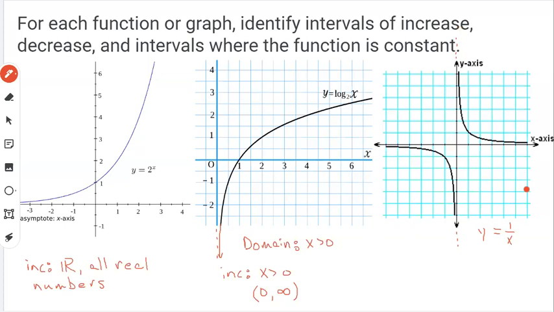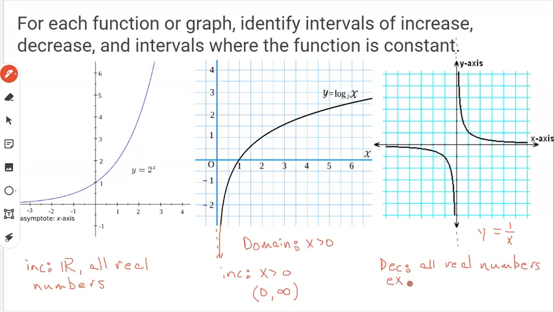So let's take a look at this function and we'll see whether it's going up, whether it's going down, or whether it's staying flat. So as we start off from the left side, it's going down, down, down, down, down, until we hit that vertical asymptote, and then it pops over on the other side and it keeps on going down. It's going down the whole time. So where is the function decreasing? It's decreasing on all real numbers except for 0.